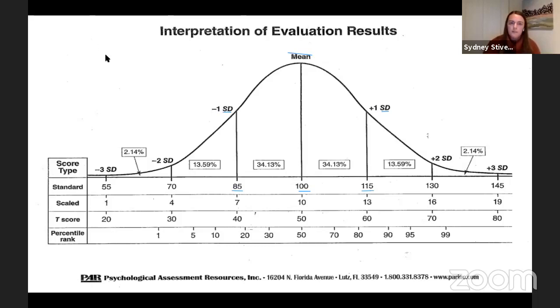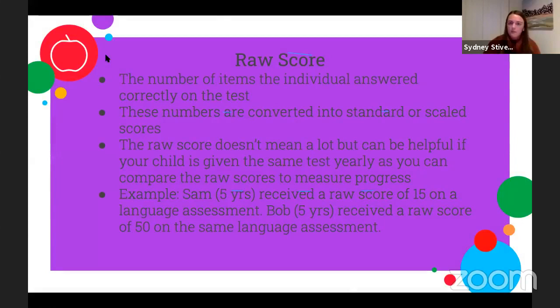I know it sounds like a lot, it's a little bit confusing to follow, but if we go back to the bell curve, you can see here we have the mean in the middle, the 100, and then if we go one standard deviation below, 85, they're still in that normal range. One standard deviation above, 115, they're still considered in that average range.